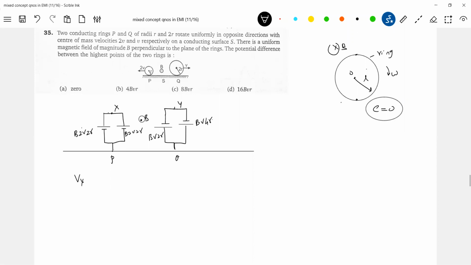For this ring, B bar out of the plane, velocity. So this end should be positive. So I'll write Vx minus B 2V 2R minus BV 4R minus Vy equal to 0. No potential difference is set up.